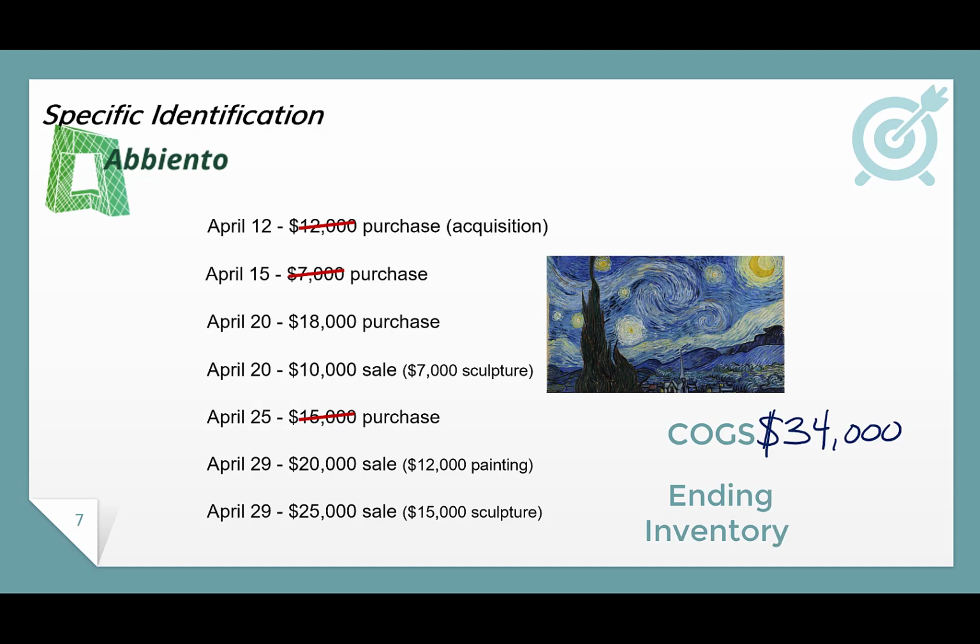We can also figure out the value of the ending inventory based on what the gallery still has in stock. In this case, it's just the $18,000 painting. And that's it. As I said, it's pretty straightforward. But that's because we're dealing with inventory that is small in number, and each piece of inventory is unique.